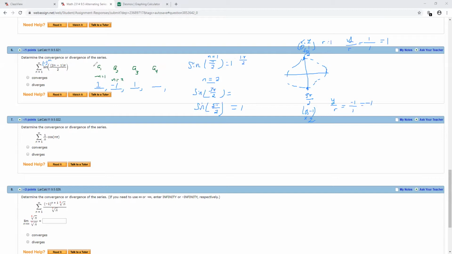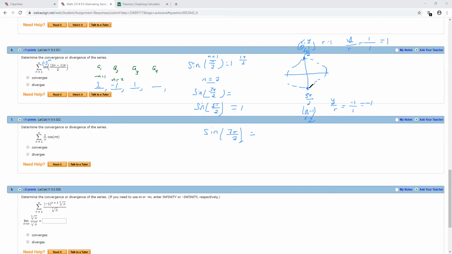4. 2 times 4 is 8. 8 minus 1 is 7. 7 pi over 2. That's why that first step that we always talk about is so crucial. 7 pi over 2 is 1, 2, 3, 4 pi over 2, 5 pi over 2, 6 pi over 2, 7 pi over 2 is right here, which is coterminal with 3 pi over 2.